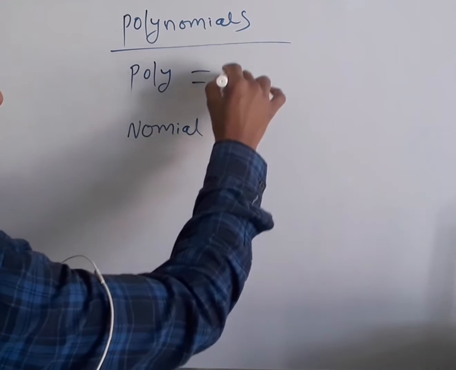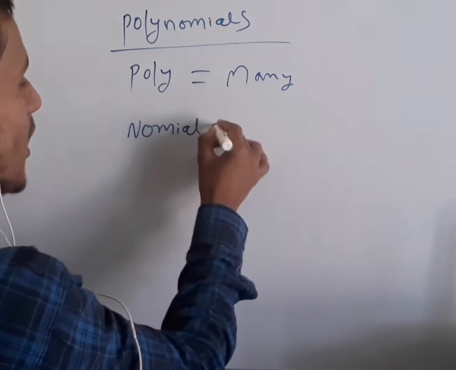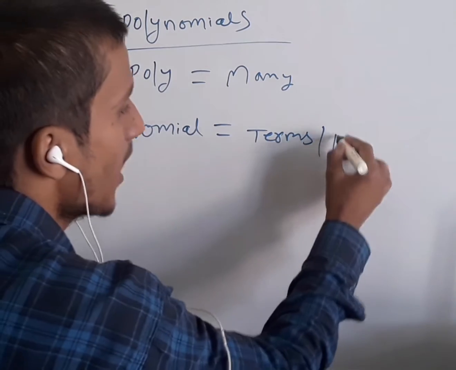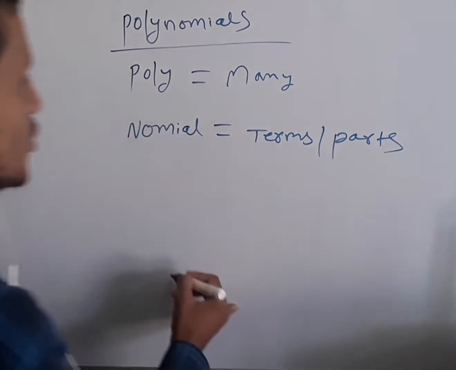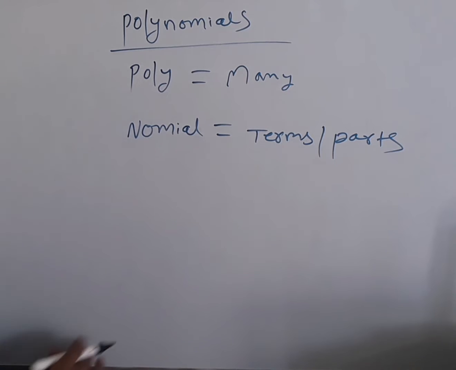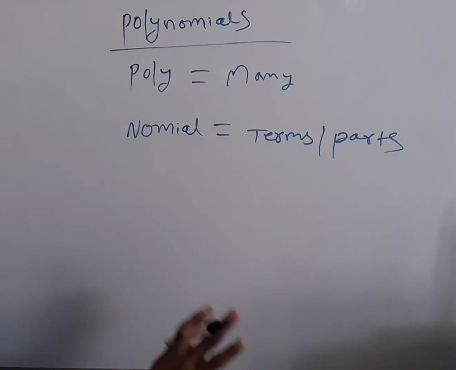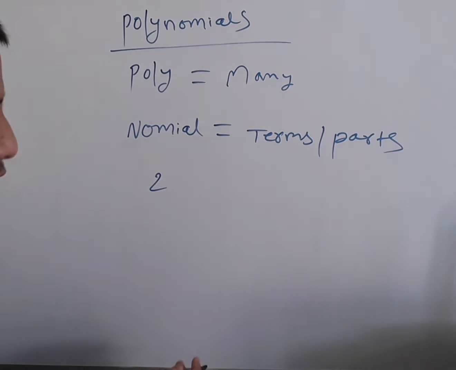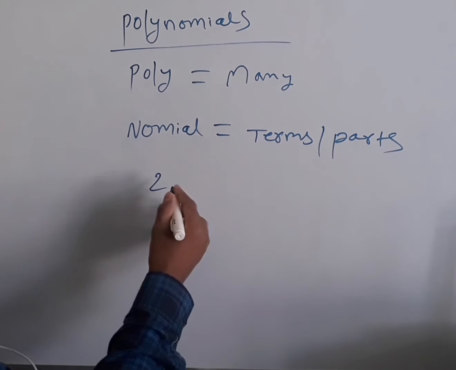Poly means many, and nomial means terms or parts. So you have many terms or parts. But this is not its complete meaning. Let me elaborate. Some people would say polynomials are only many terms, but that's not right.